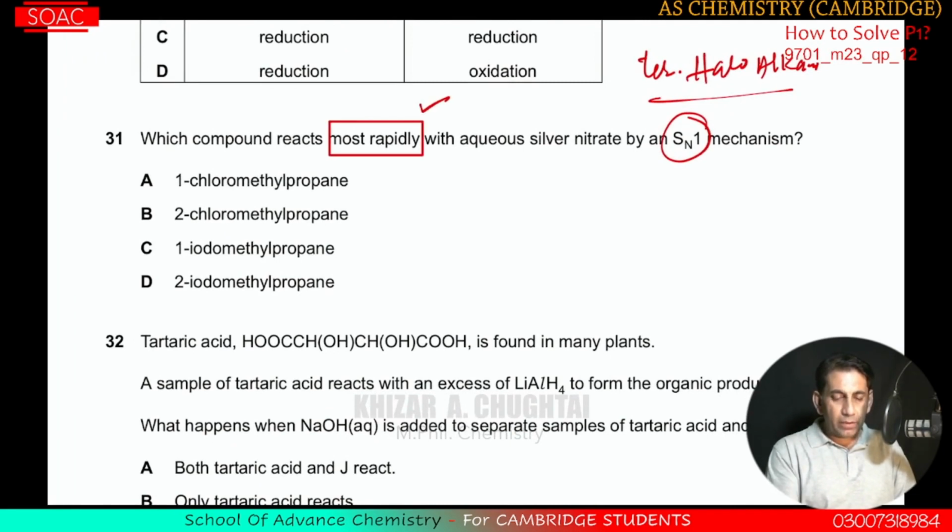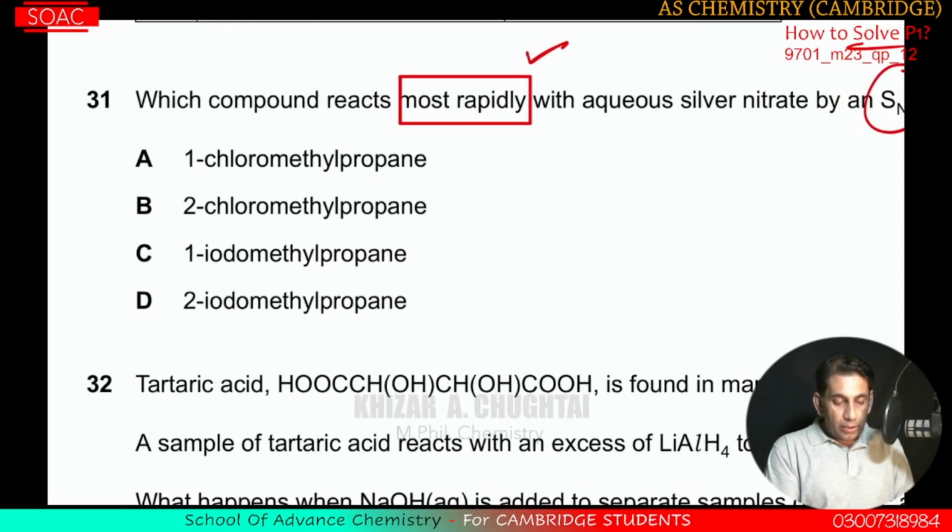There are basically two main portions of this question. Number 1, these are haloalkanes. One type of haloalkane has the C-Cl bond, and the other group has the C-I bond.